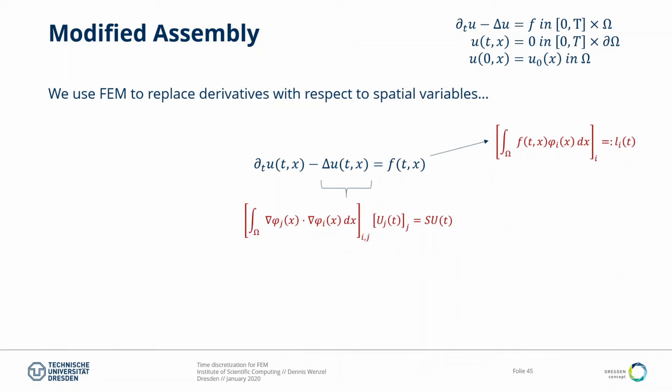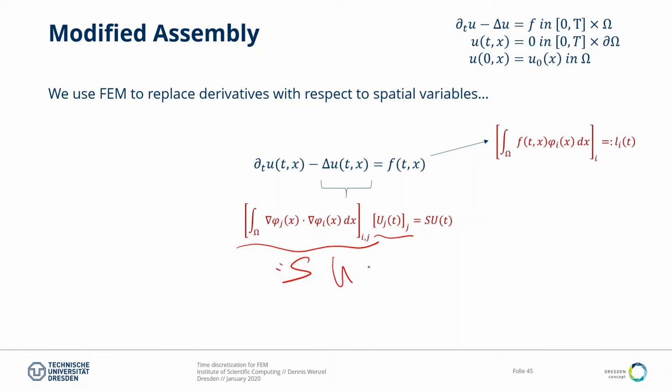So next step, let's talk about the Laplacian, and for the Laplacian it's also the same thing. You take your weak form and you arrive at this thing here that you have seen just in your stiffness matrix. That's exactly the stiffness matrix of Poisson's equation. And you also have your coefficients u, but of course this is now a time-dependent DOF vector, so u_j depends on t.